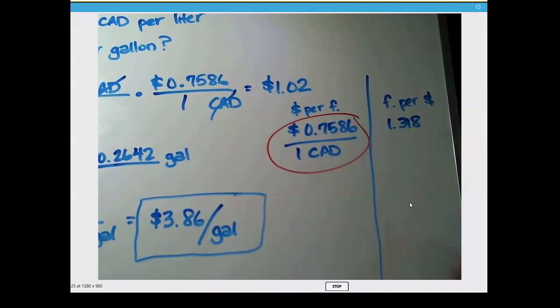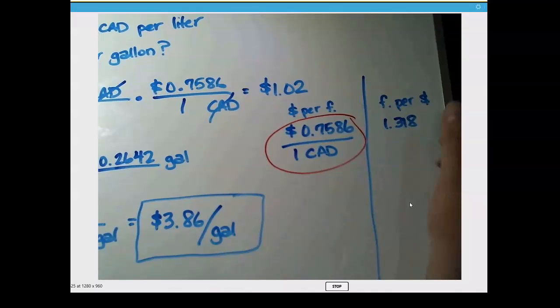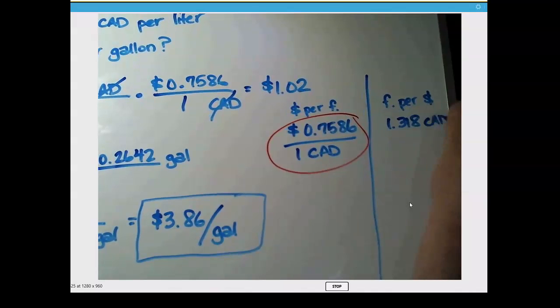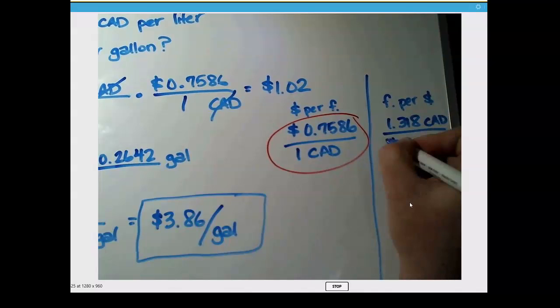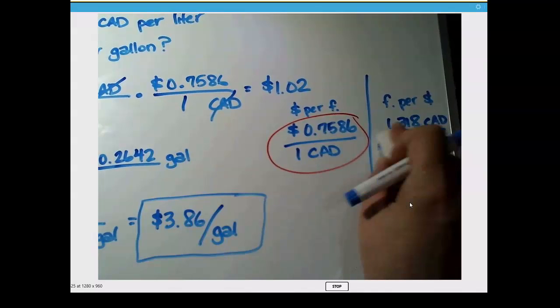On the other side, it's the flip of that. This is saying that it's this many foreign, so this many Canadian, per dollar, per $1. Let me move that over.